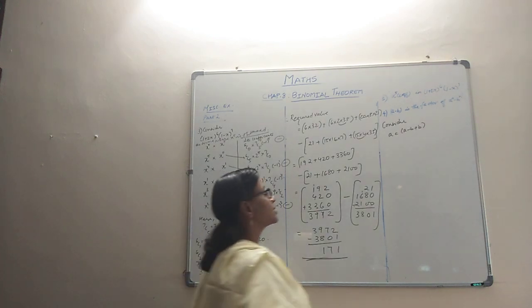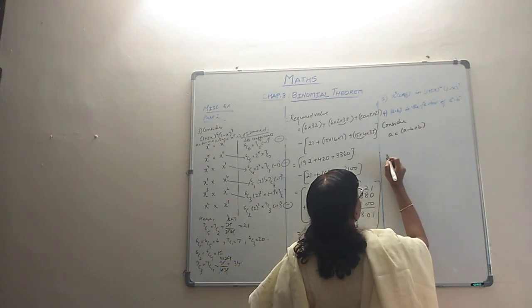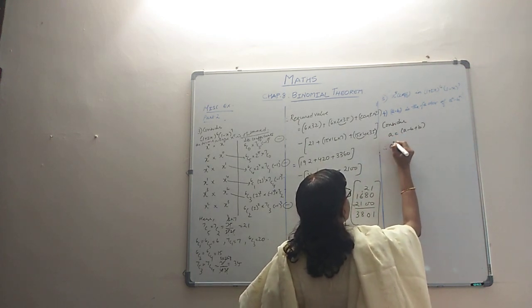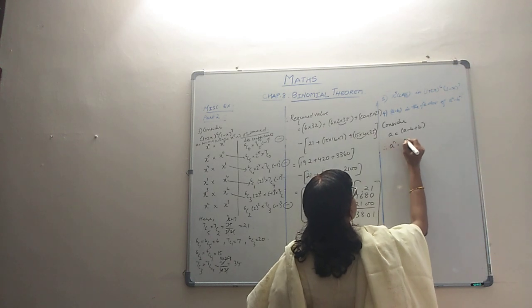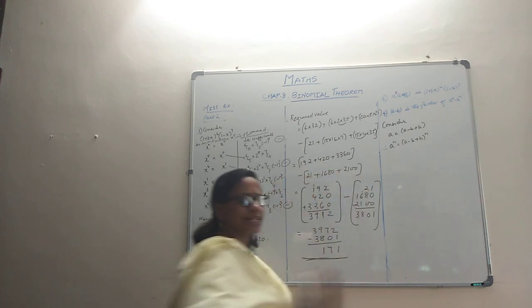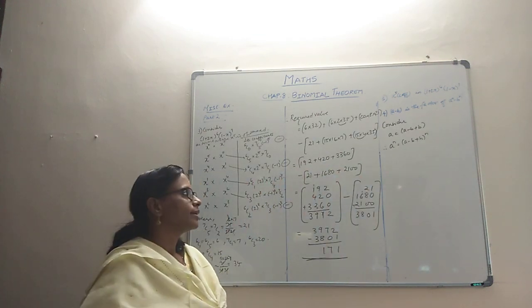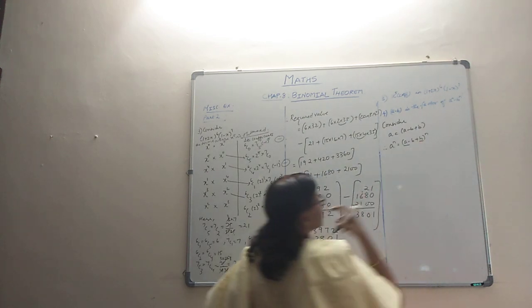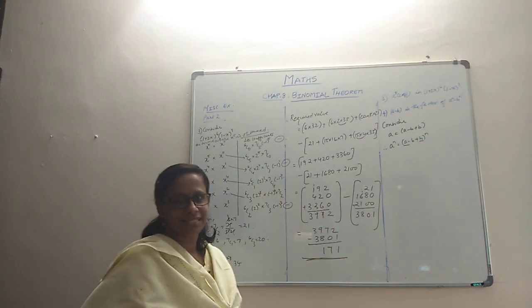Having considered this, they say you consider on the same lines a raised to n as a minus b plus b whole raised to n. You are getting the exponent n there. Having got this, you will look at it in the binomial way by splitting these and then work it out.